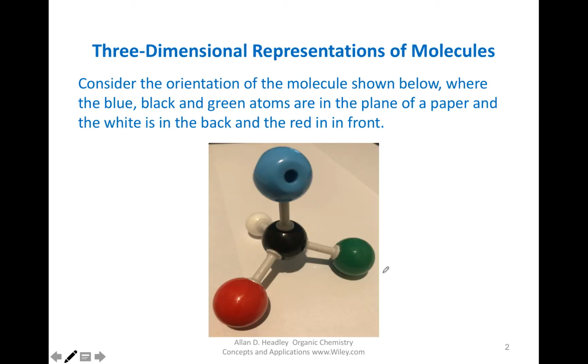First, I want you to build this molecule using the models. So first find a carbon. It's typically black with 4 holes there. And then get 4 of the white sticks, which are bonds.